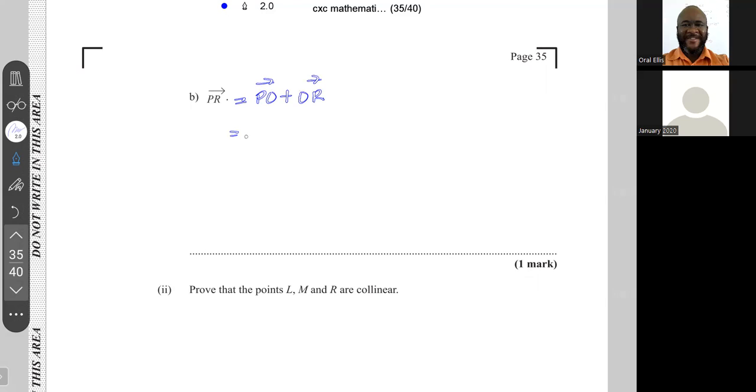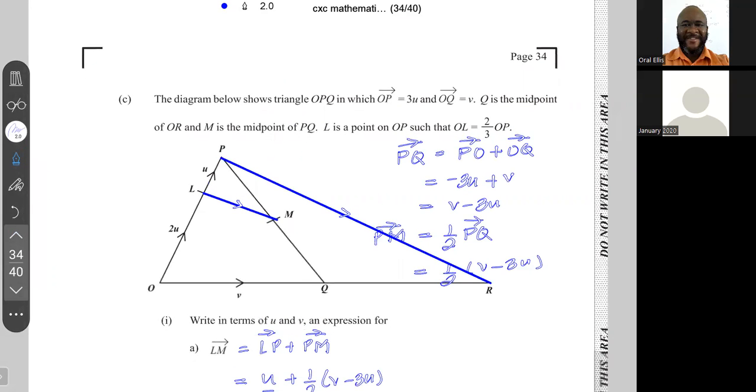This is minus 3U plus 2V. This is 2V minus 3U. Now we're asked to prove that L, M, and R are collinear.